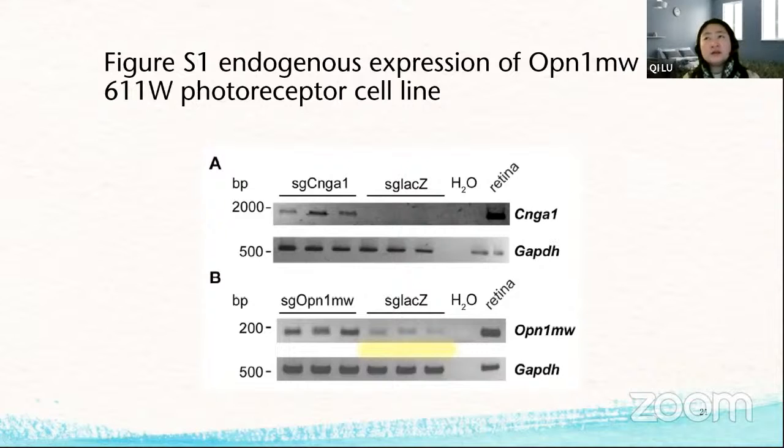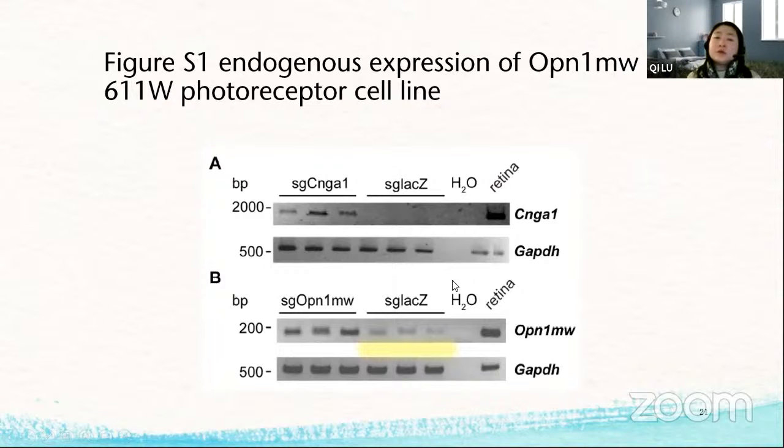It's not a specific rod photoreceptor cell line, but a kind of mix with some cone photoreceptor functional protein, that's the mid wavelength opsin. So here there's a background expression level.